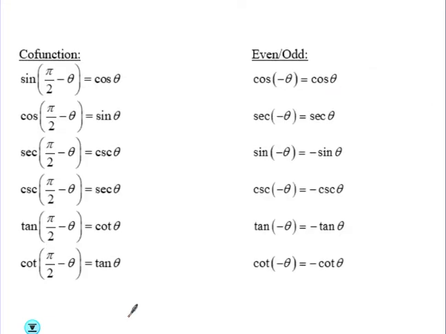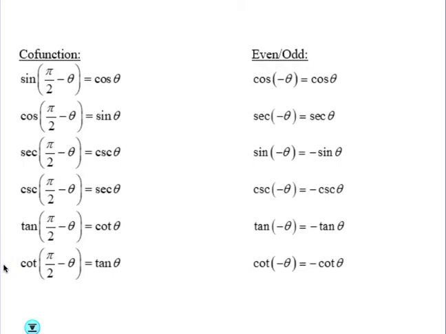The new identities that we're going to look at today are the cofunction identities and even and odd identities. So the cofunction identities have to do with the graphs of the trig functions. We have sine of pi over 2 minus theta equals cosine theta.